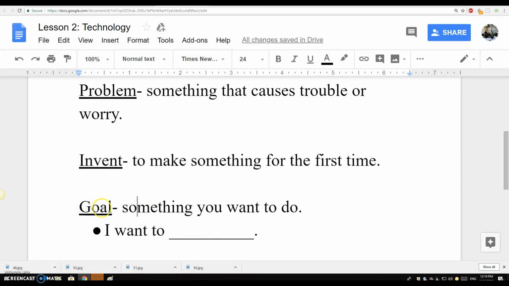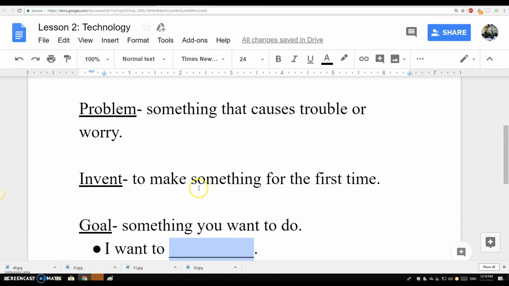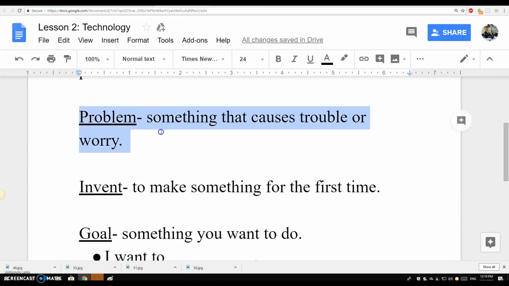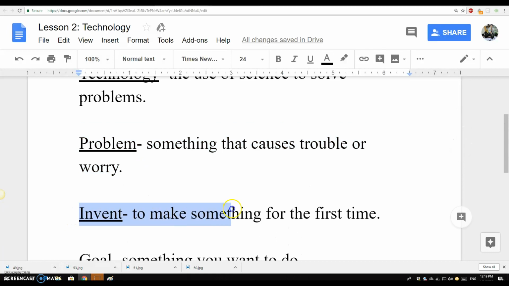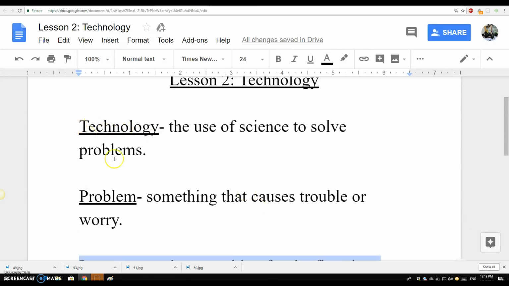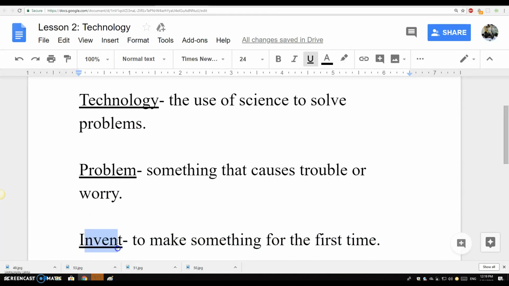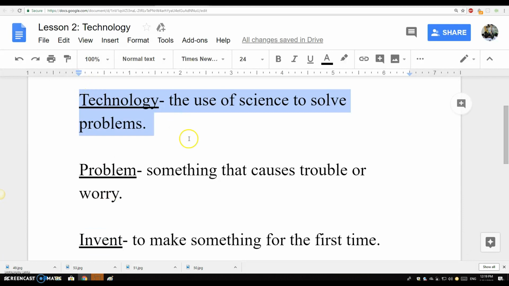So you say, I want to fly to the moon. Oh, the problem is I don't have a way to fly to the moon. I will invent a rocket to fly to the moon. I've invented a new technology, a rocket.